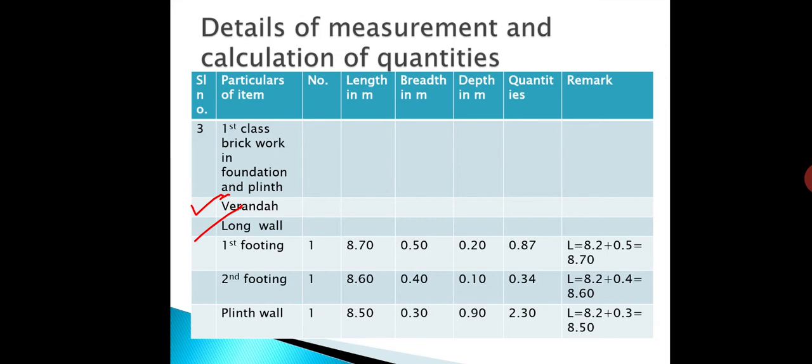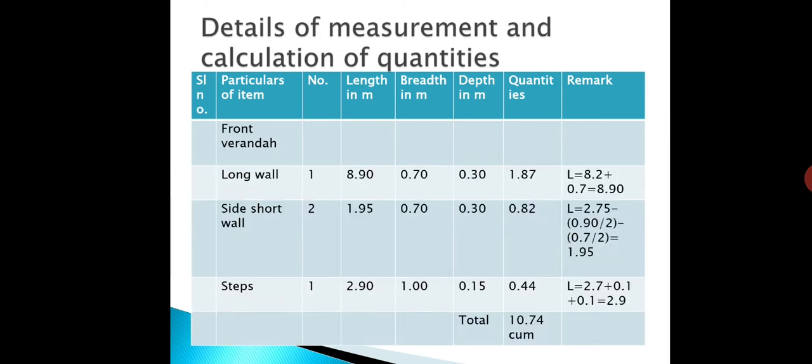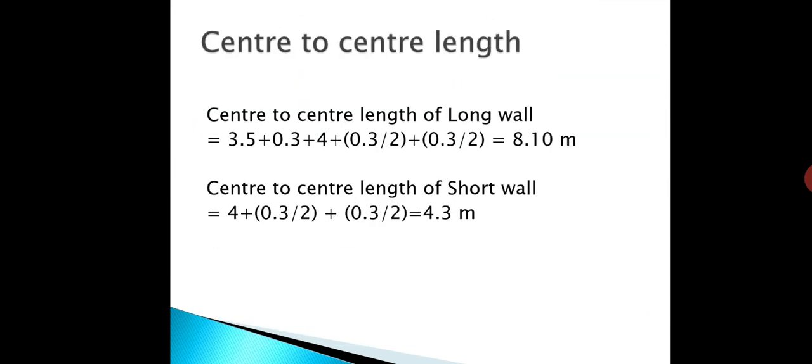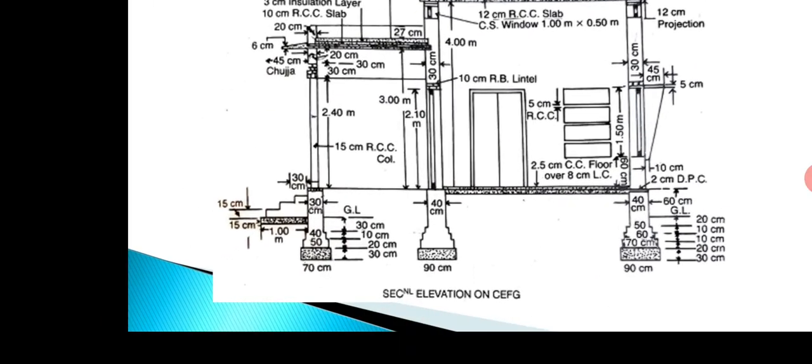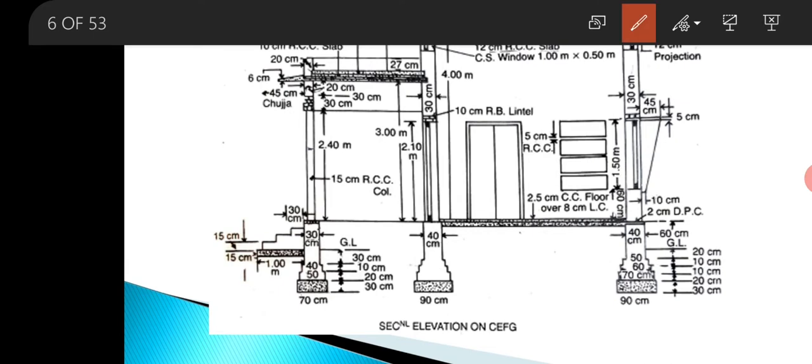Okay. So now we will move to the sectional diagram of the veranda wall. See here, this is the cross section of the veranda wall. Here you can see, after the concrete work of 70 cm width, there are two footings.